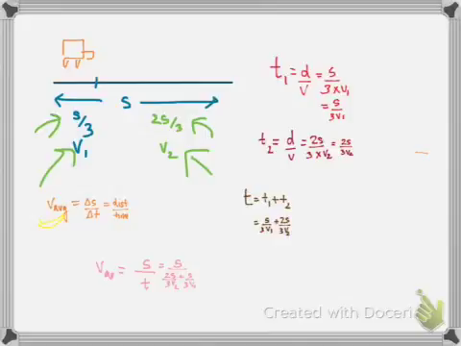We see that s and s are common in the numerator and denominator, so they cancel. Taking the LCM, 3 v1 v2 goes above, v1 and v2 move accordingly, and we get 3 v1 v2 upon 2 v1 plus v2. Thus, we have the average velocity as 3 v1 v2 upon 2 v1 plus v2.